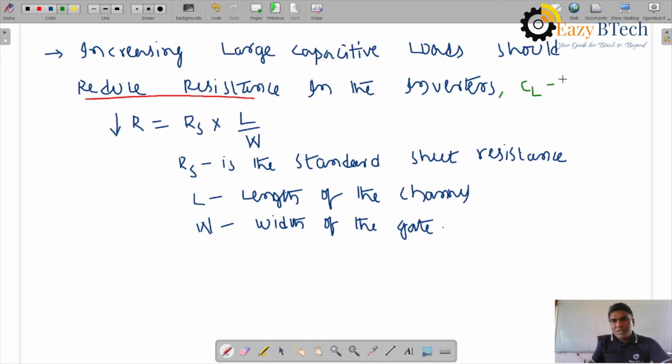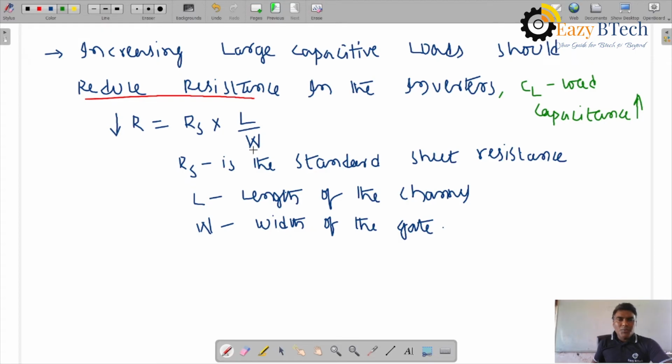So reduce the resistance, then capacitance increase. R is equal to RS into L by W, where L is the length of the channel and W is the width of the gate.